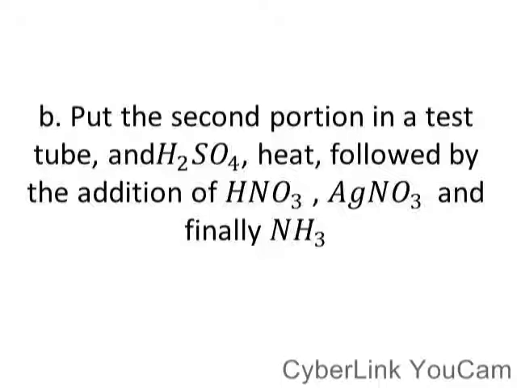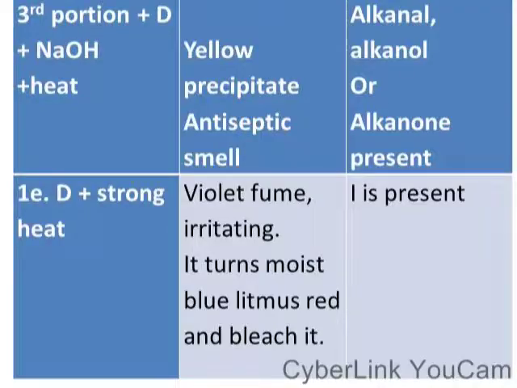Heat and add HNO3 followed by AgNO3 and finally NH3. I told you HNO3, AgNO3 and NH3 put together is called Tollens' reagent. So please put this on your mind and try as much as possible to learn it again and again. Let's take the next slide here and see what it gives us.